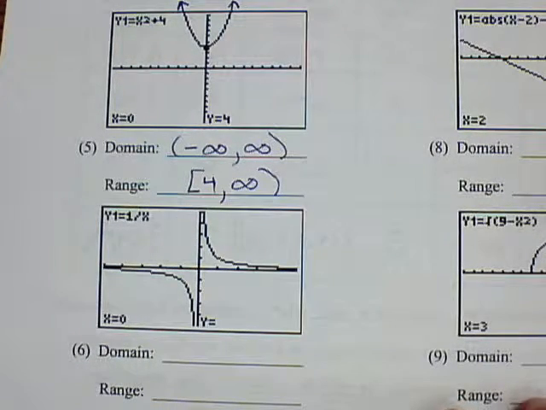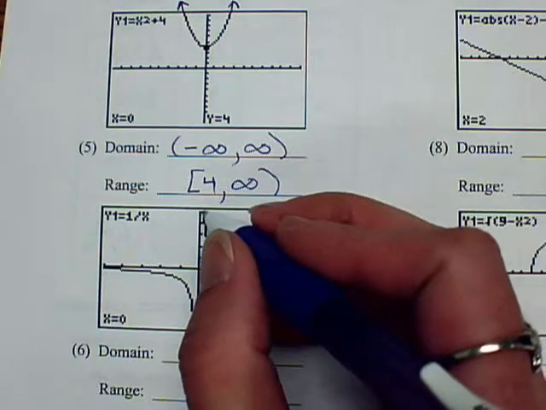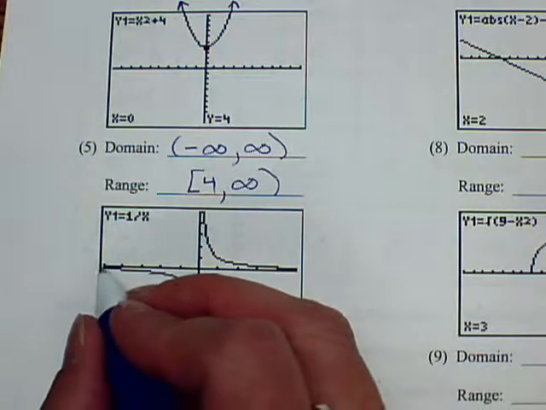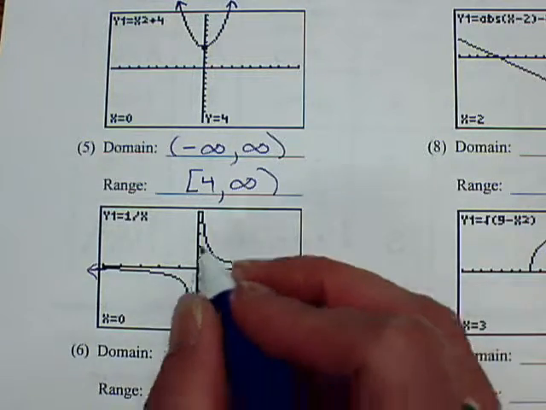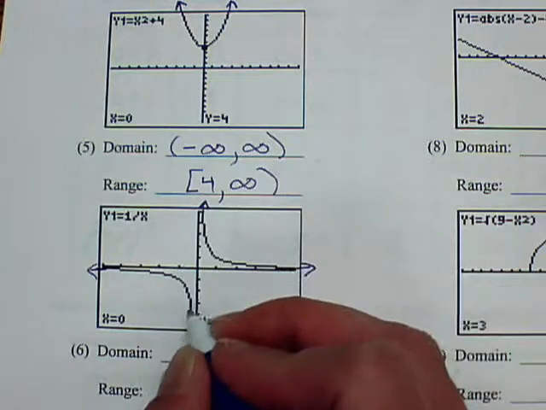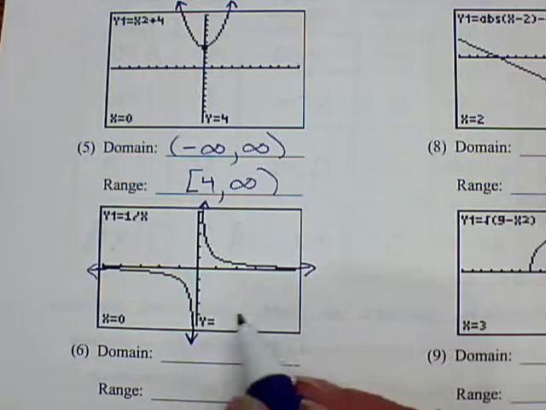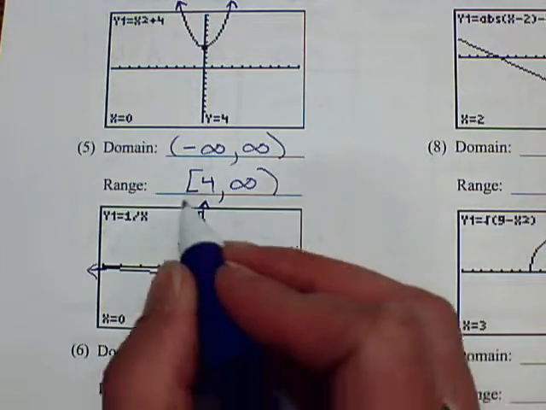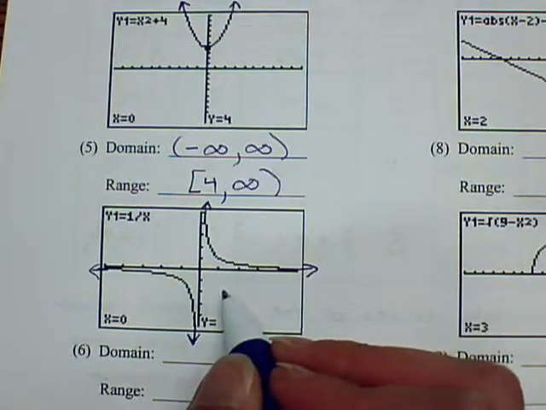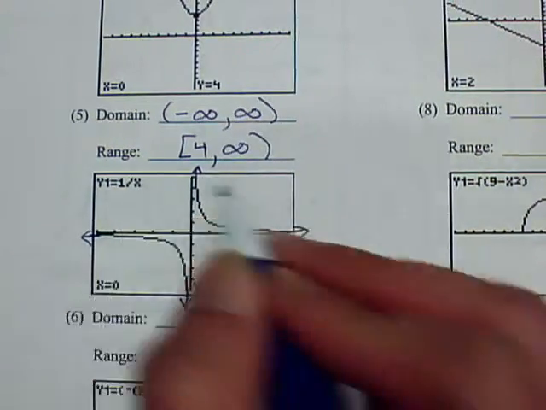This next one, this one's a little weird. This graph keeps going on forever this way and this way, but look what's happening right around our axes. It gets close and it shoots off this way, and the same thing here. I want you to really think about that for a second.